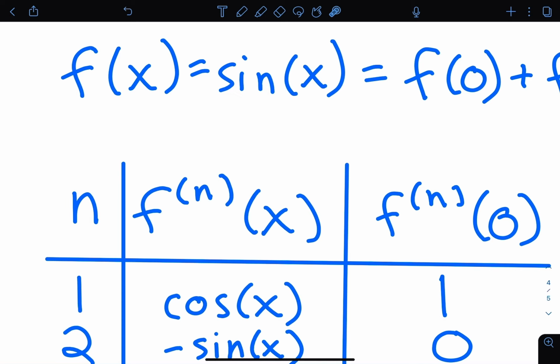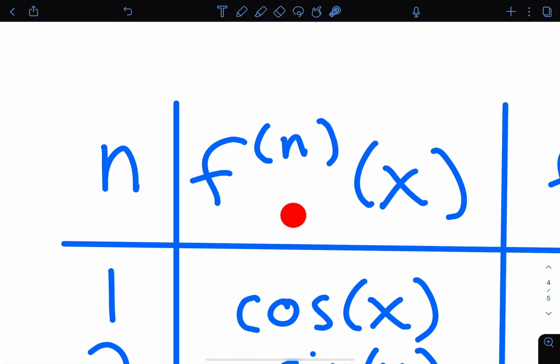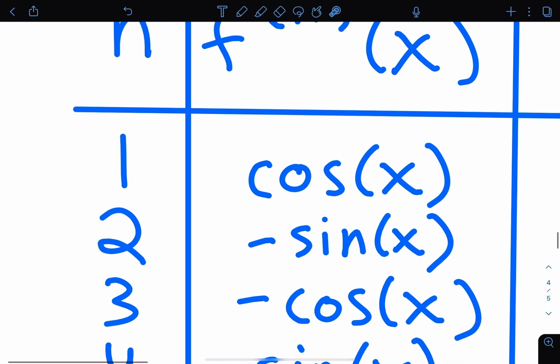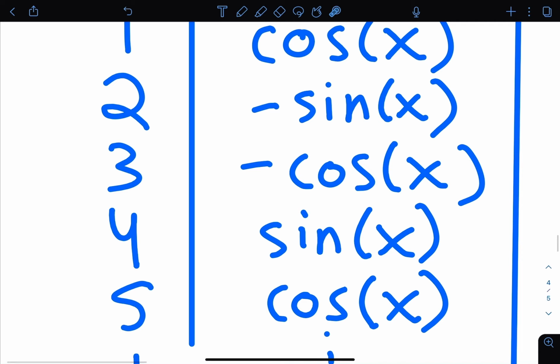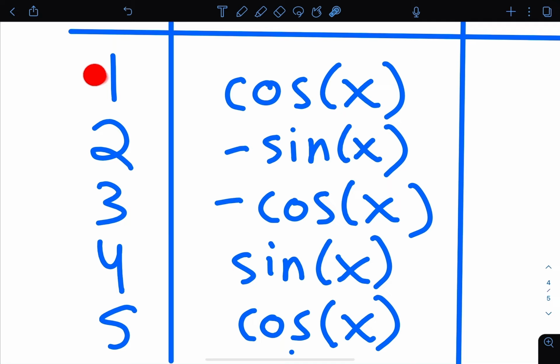A couple of things I want to know: what is the nth derivative of my function, and then what is the nth derivative of f at 0? So the first derivative of sine is cosine. Then it's negative sine. Then it's negative cosine. Then it's sine again. And then we know the cycle repeats. We're back to cosine. The fifth derivative of sine is the same as the first derivative of sine.